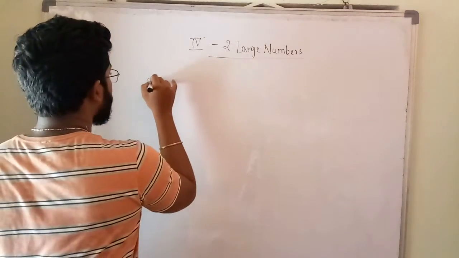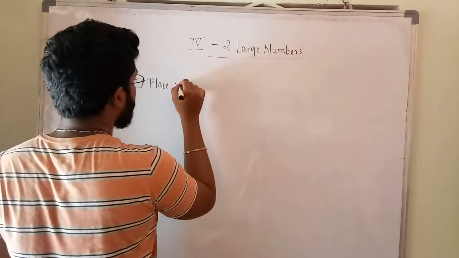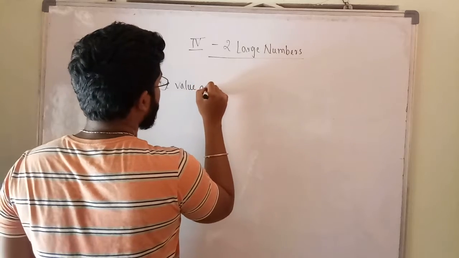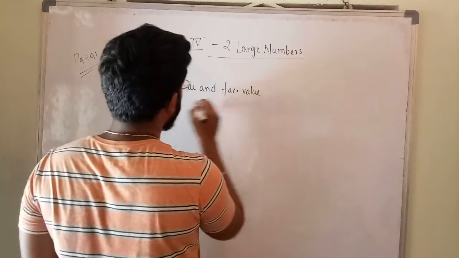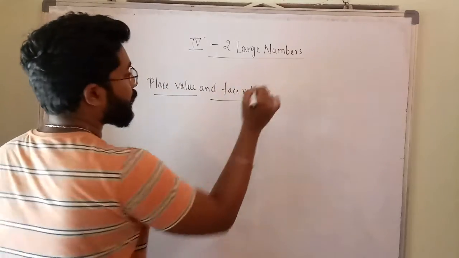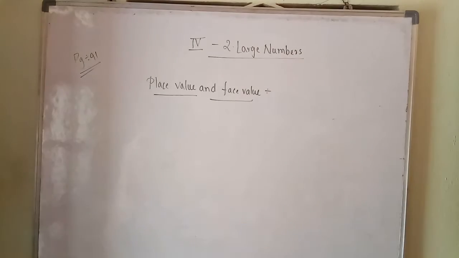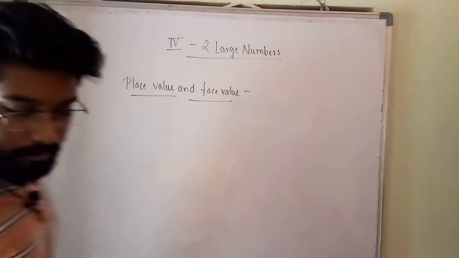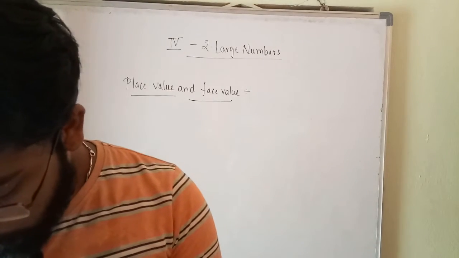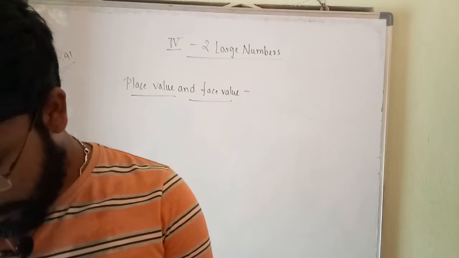The next topic is place value and face value. What is the place value and what is the face value? We will learn in this class. Okay, so let us see.